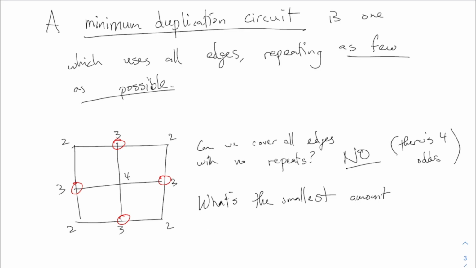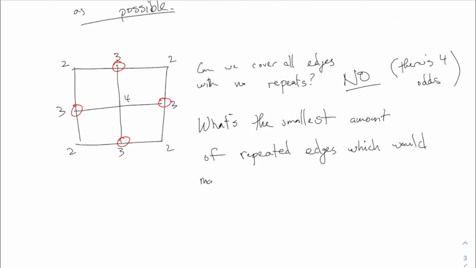Specifically, I'm talking about repeated edges. So what's the smallest amount of repeated edges which would make it possible? This is a more difficult question to answer, which is why I want to talk about it.